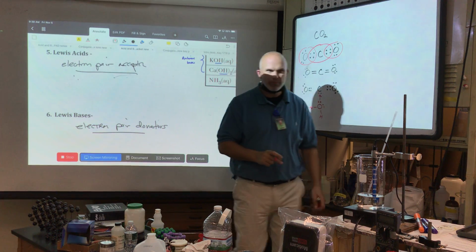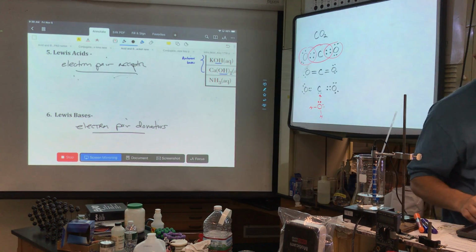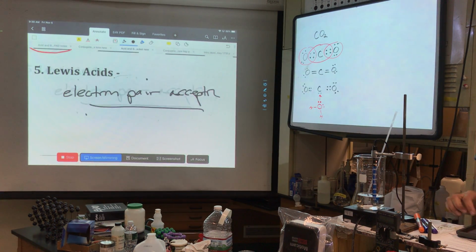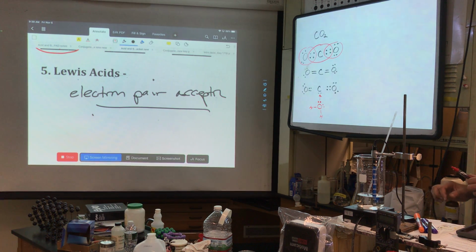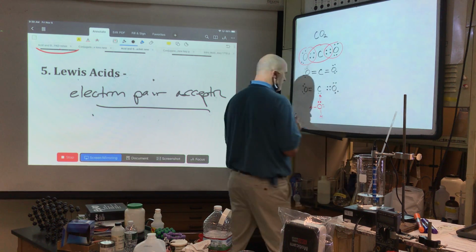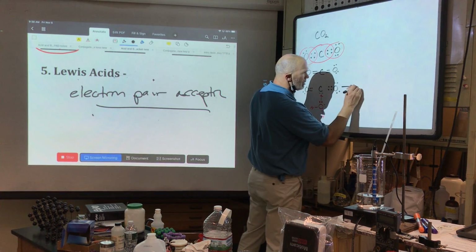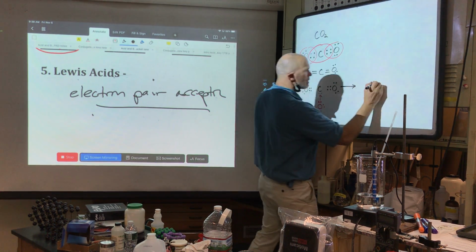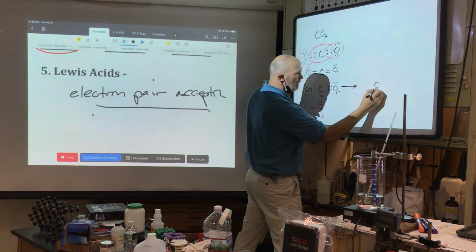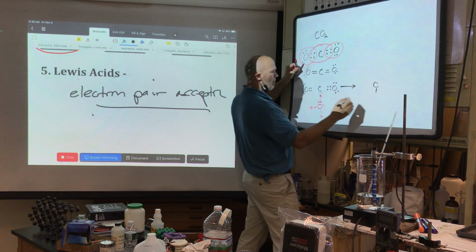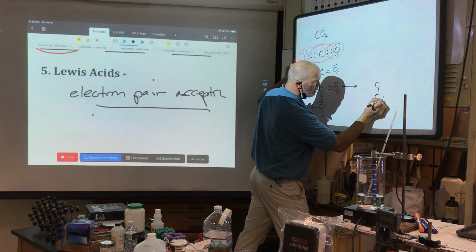Look at your definition. This carbon is going to do what? Accept a lone pair. It's acting as an acid. Okay, so what happens? This is called a mechanism. So what happens is this carbon bonds, the lone pair jumps right there, bonds with the water, still has a lone pair here.